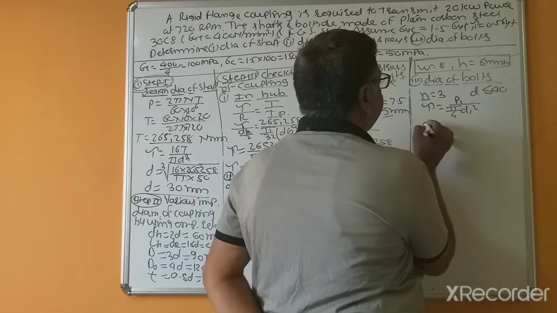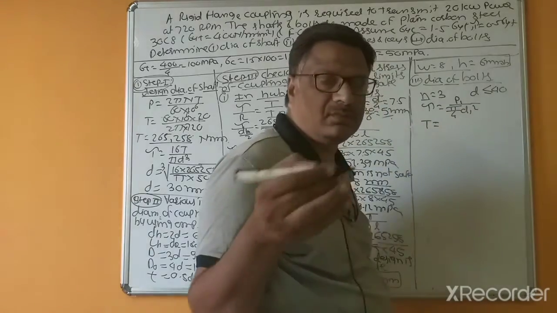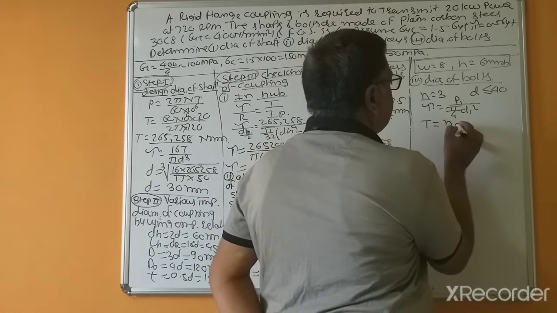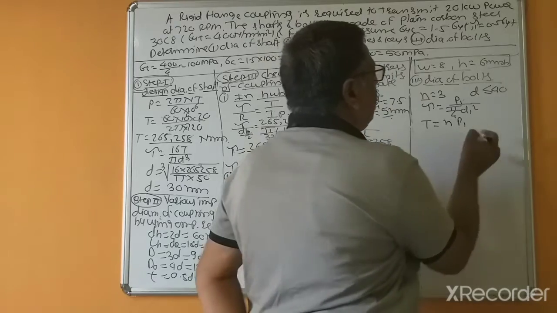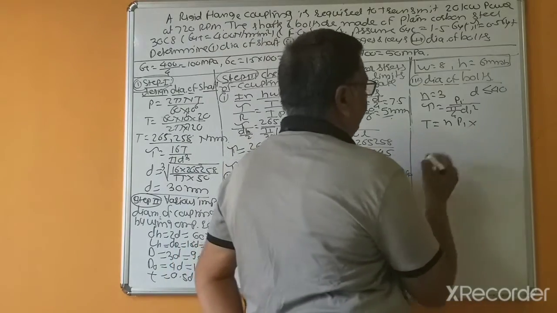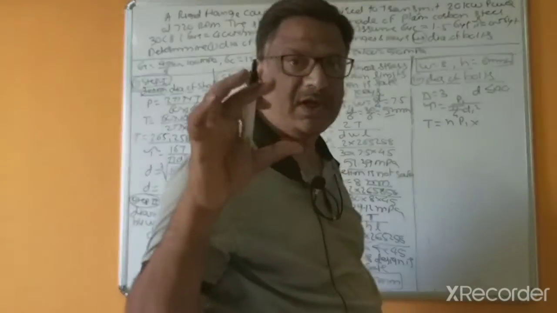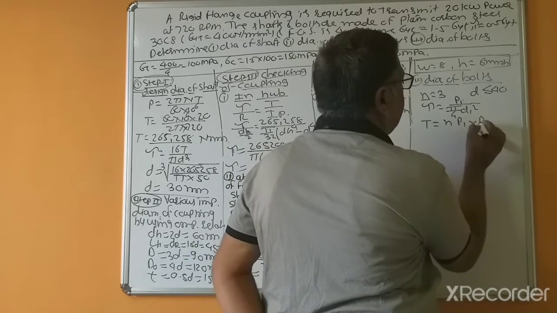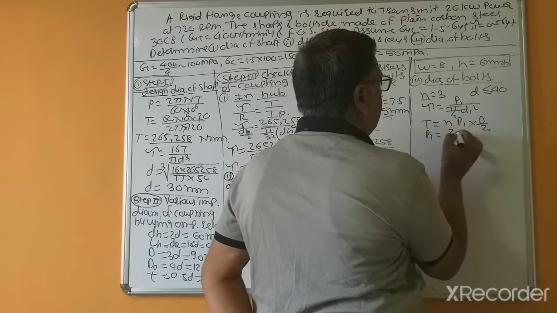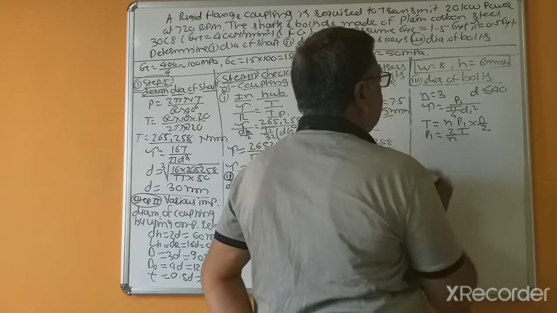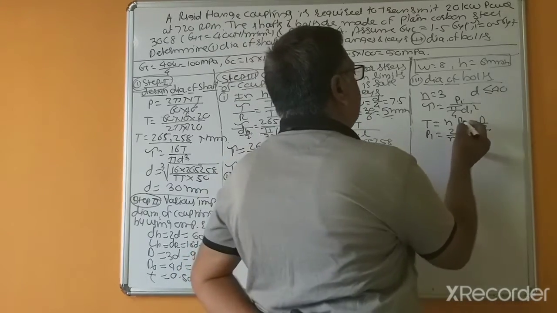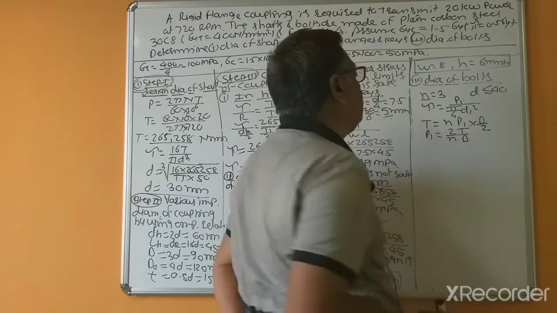P1 is the force acting on each bolt, and the total torque is T equals P1 multiplied by N and by the radius. The radius is the pitch circle diameter of the flange, capital D, divided by 2. That's why P1 equals 2T divided by N D.